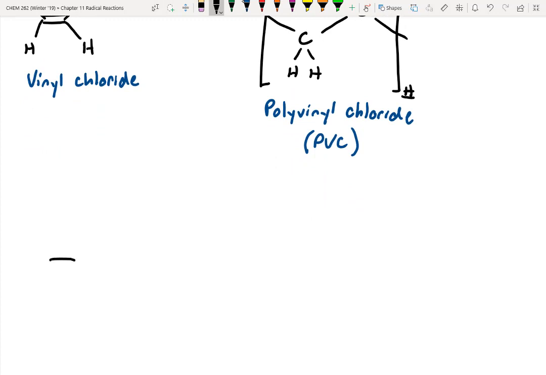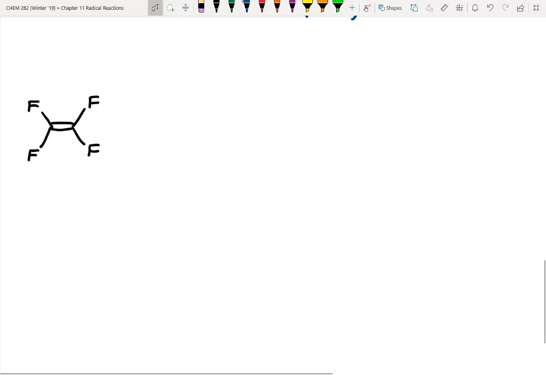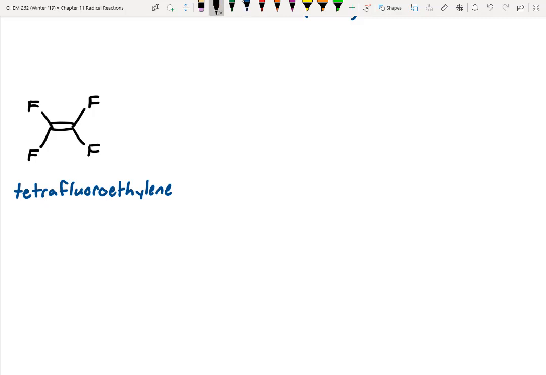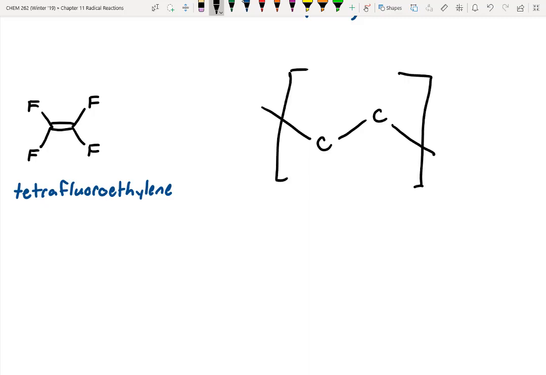All right, let's do the last one. Another controversial one. This one is tetrafluoroethylene. Same thing, if we polymerize this, we get a big long chain that looks a lot like ethylene, but the main difference is we've swapped out all of the hydrogens for fluorine atoms.